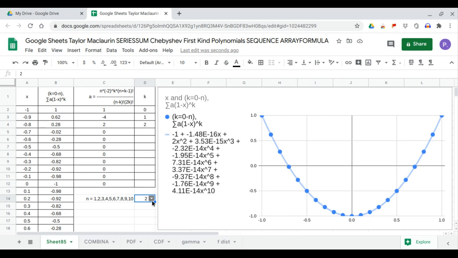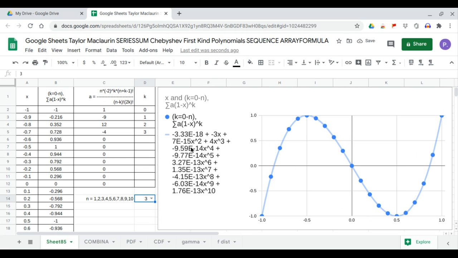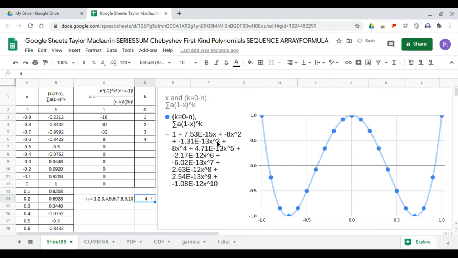The rest are 0. At n equals 3, y equals minus 3x plus 4x cubed, and that's it. At n equals 4, our y equals 1 minus 8x squared plus 8x to the 4th, and that's it.